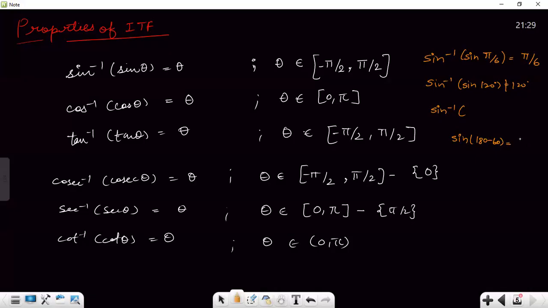We know in the second quadrant, sine remains positive, so it becomes sine 60. And hence, 60 degrees is in the range of the inverse trigonometric function. So the answer will come out as 60 degrees, not 120 degrees. Understood the difference? Since 120 degrees was out of the range, we converted it into the range first. And even if there is some negative sign with it, we'll take that negative sign out.